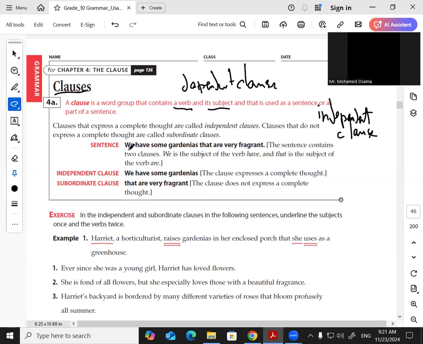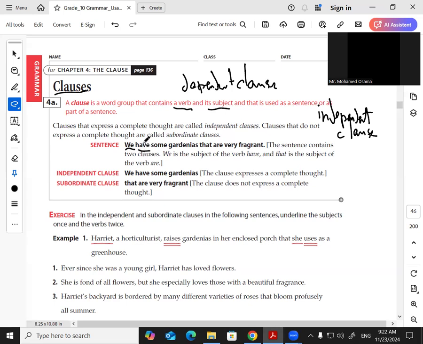Okay, if we check this sentence: we have some gardenias that are very fragrant. If we start analyzing the sentence, here we have "we," which is the subject, and "have," which is the verb.